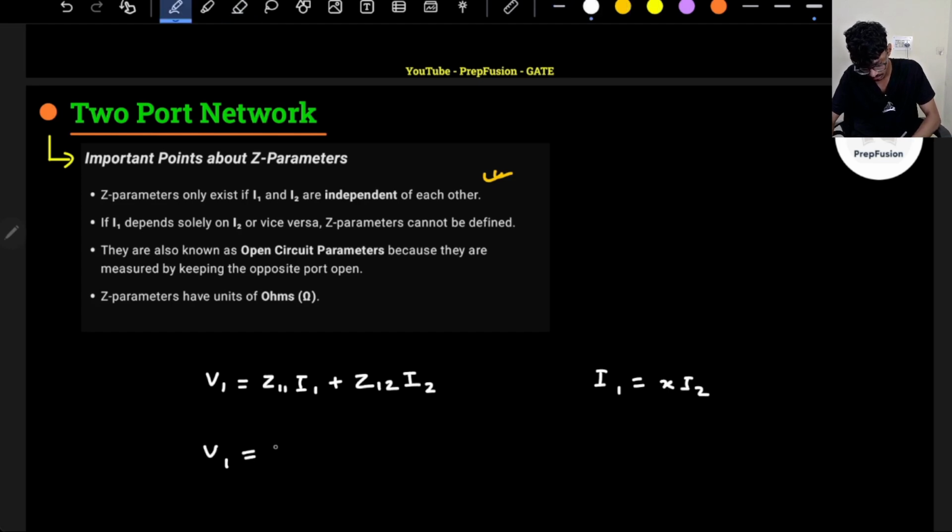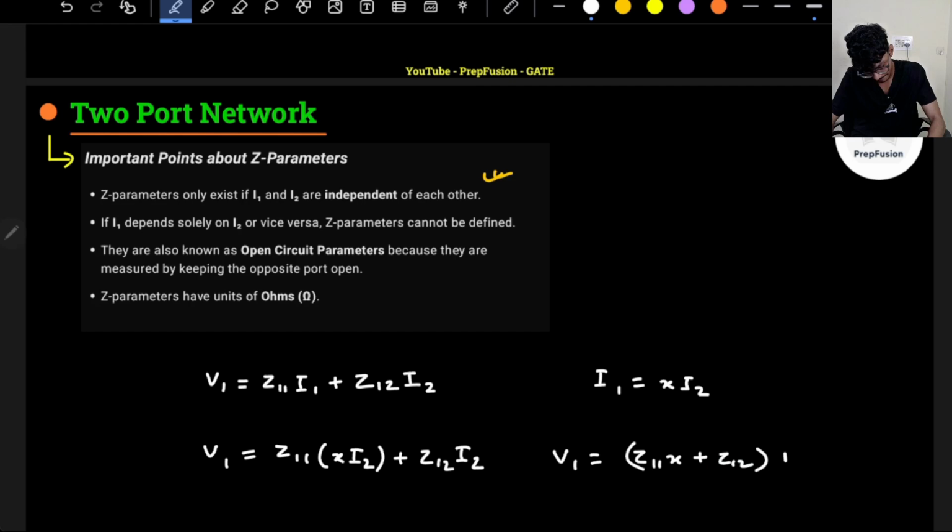V1 will be equal to Z11 x of I2 plus Z12 into I2. So your V1 will be equal to Z11 x plus Z12 into I2.